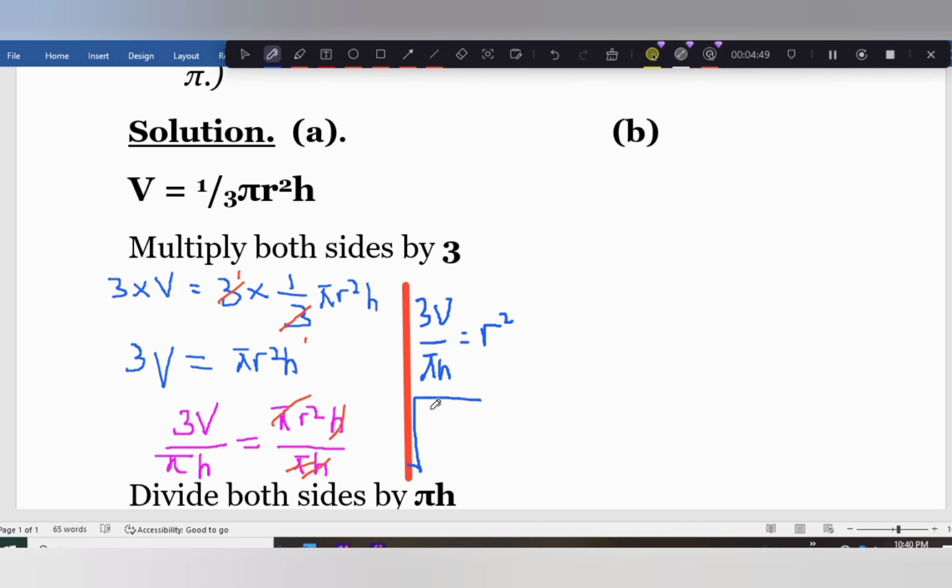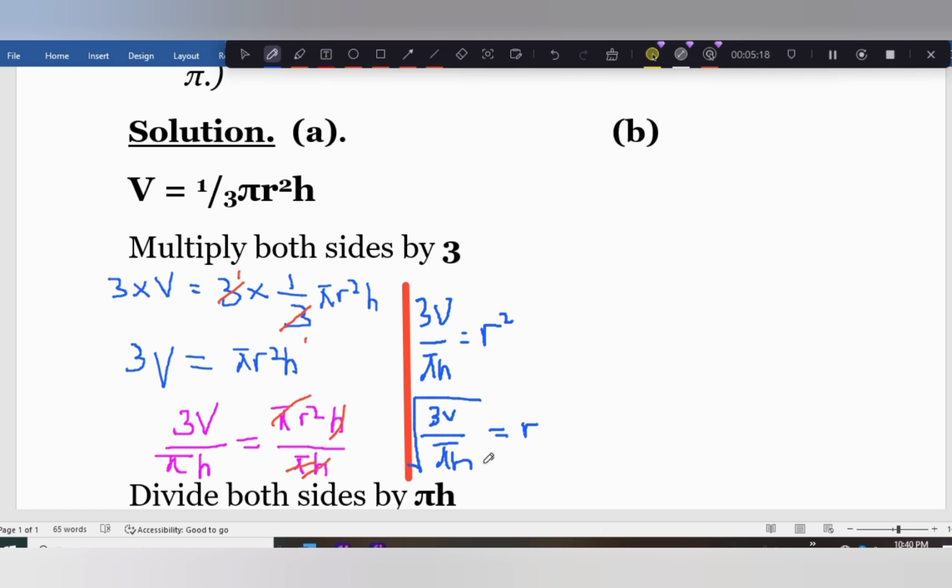So what we have now is the square root of 3V all over pi h equals r, and that is making r the subject of the formula. So we have obtained r as the subject of the formula.